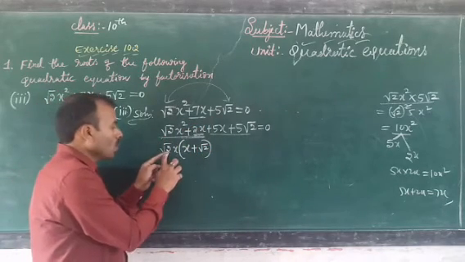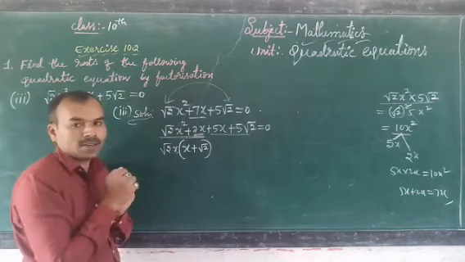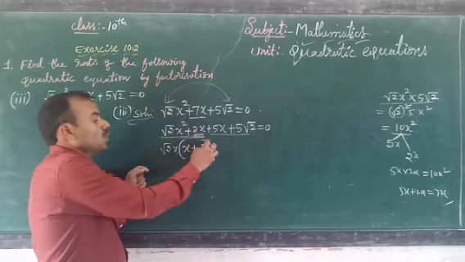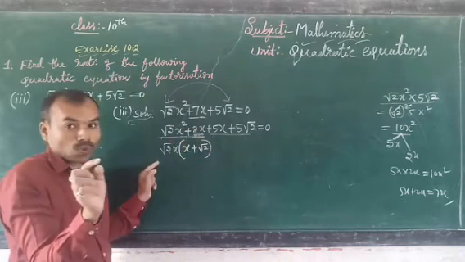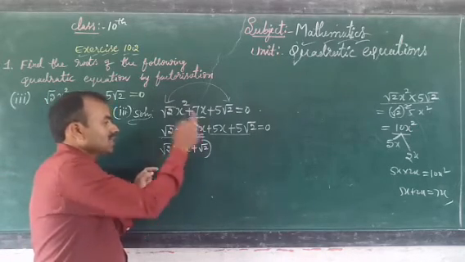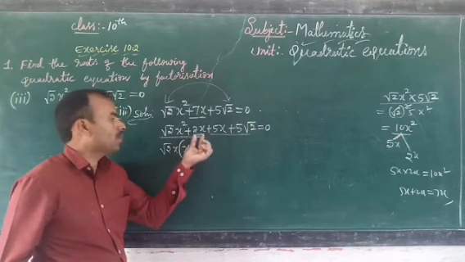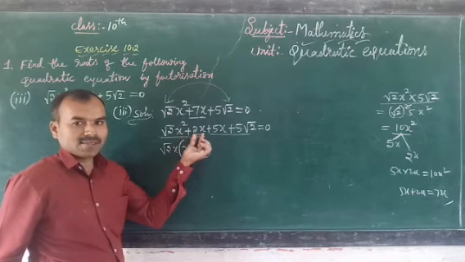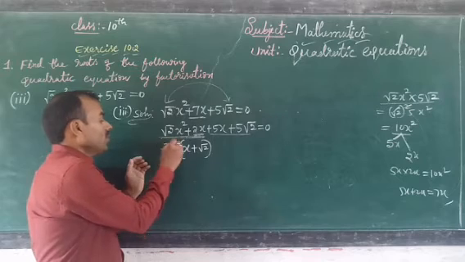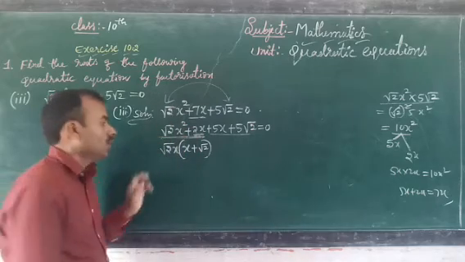Just see here, root 2x into x, root 2x square, plus into plus, plus. Multiply root 2x into root 2, root 2 into root 2, root 4. Root 4 value is 2. x is there, no change. Root 2x into root 2, 2x. If you take the common factor and multiply these two, you get the same answer.